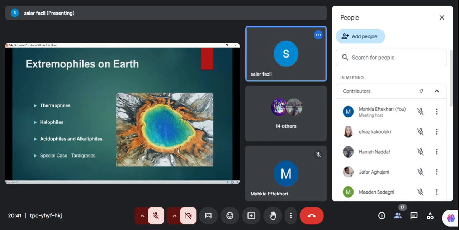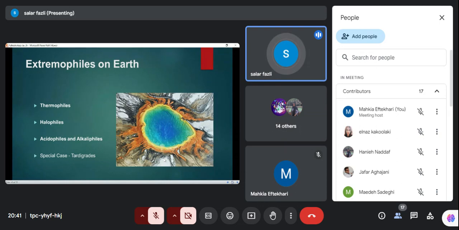Tardigrades can survive catastrophic events like volcanic activity, meteor impacts or ocean floods. They can survive every kind of apocalypse. So they are one of the most important creatures on our planet.